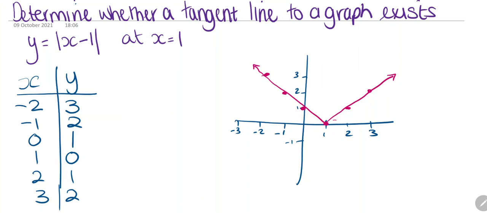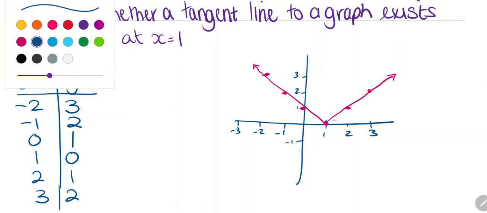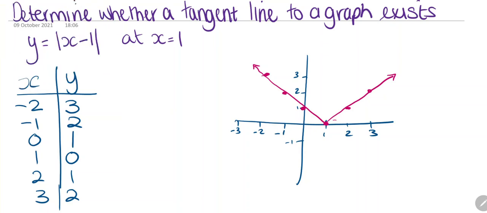And if we were to draw or calculate the slope from the left, we've got a slope here of -2 and 2. So a slope m is -2/2, which is -1.